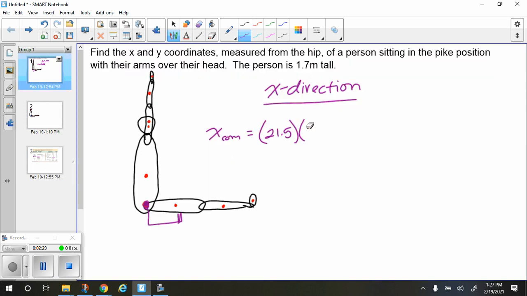So I'm going to put 9.6 right here. And that's a percentage of the total height. So my final answer will be a percentage of the total height, and then we'll multiply it at the end. You could multiply each one of these percentages of the total height by 1.7. It's just a lot more calculation if you do it that way. I'm just doing it at the end. So those are the thighs.